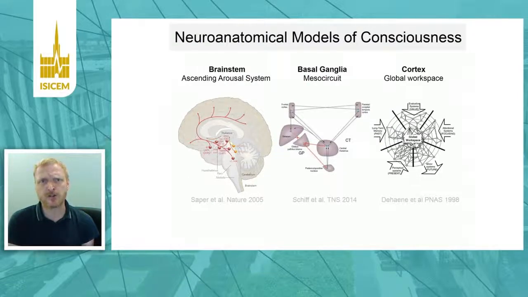If we think about the neuroanatomical model that underlies the presence of consciousness, there's one part that centers around the brainstem, the ascending arousal system that projects mostly through the thalamus, but also outside of the thalamus, to the cortex. There's an important circuitry identified by Nico Schiff's group initially, the mesocircuit, that connects the basal ganglia circuitry with the brainstem and the cortical areas, important for preservation of consciousness.